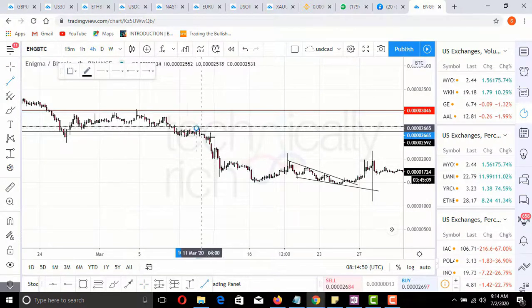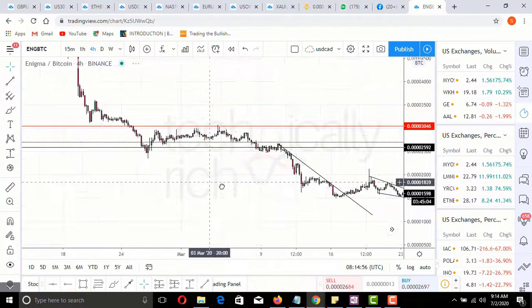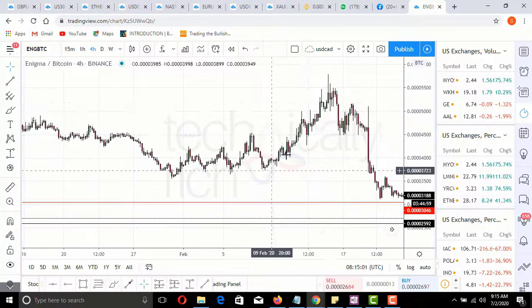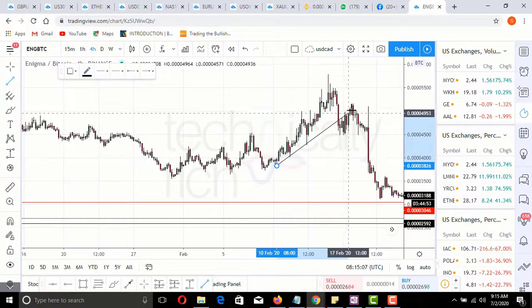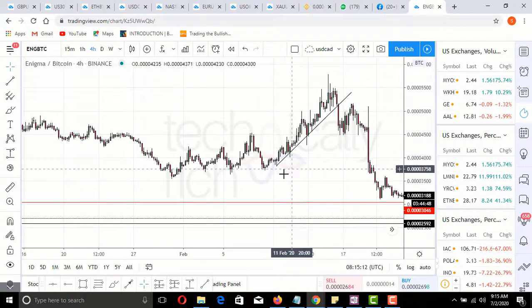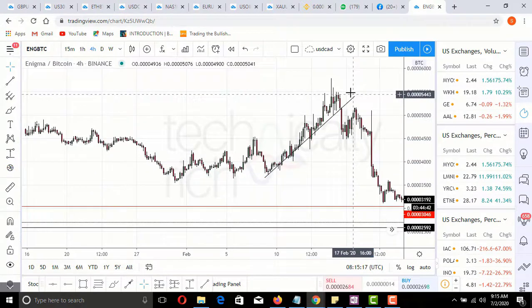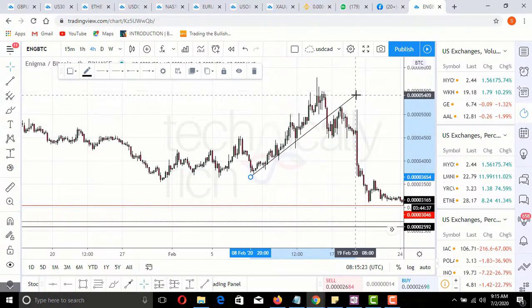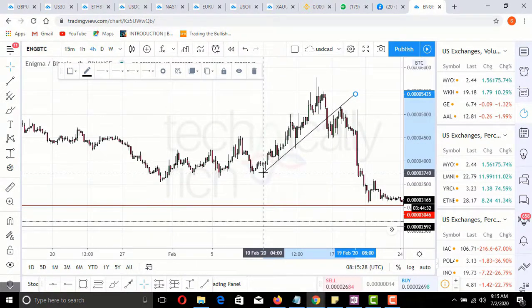Okay, so we have trend also. Okay, so then here we have an uptrend market right here. If I decide to make it a little bit closed, so you can see I'm always looking out to connect the tip of these candles.